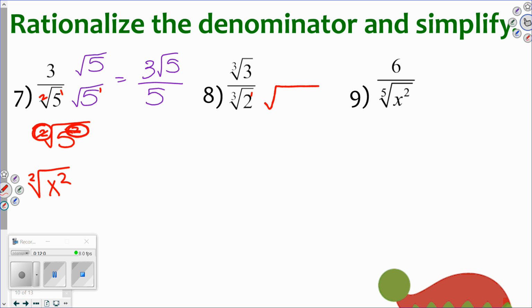So when I multiply top and bottom by the cubed root of something, I can't just multiply it by the cubed root of 2, because that's not going to give me the exponent I need. How many more 2's do I need? I need 2 more. I have 1. I need 2 more.